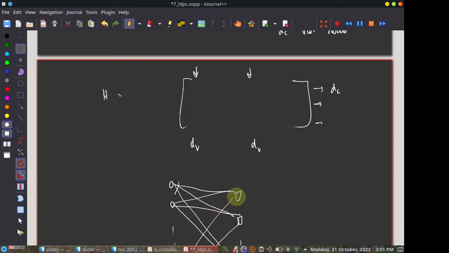It's possible that some of these check nodes can have degrees much larger than DC. So how do we resolve this particular issue? How do you sample from the class of DV, DC regular graphs or DV, DC regular parity check matrices?